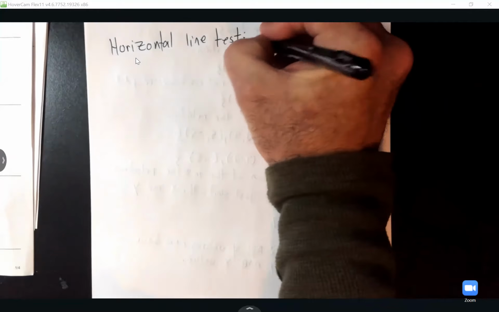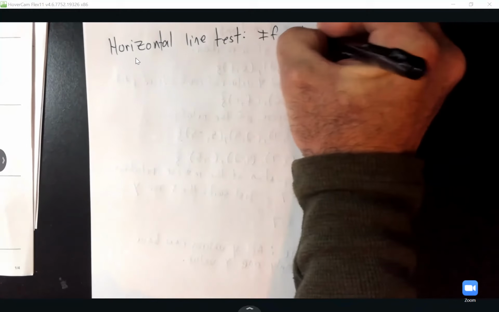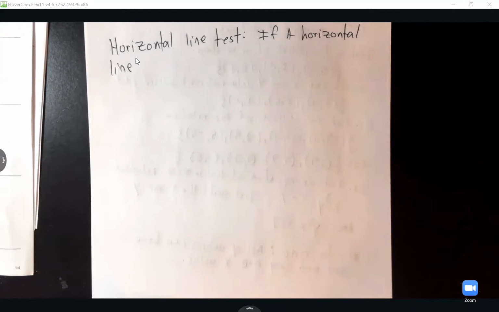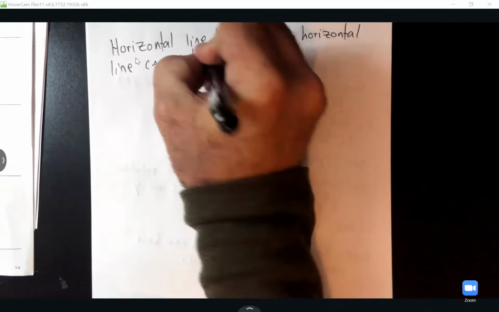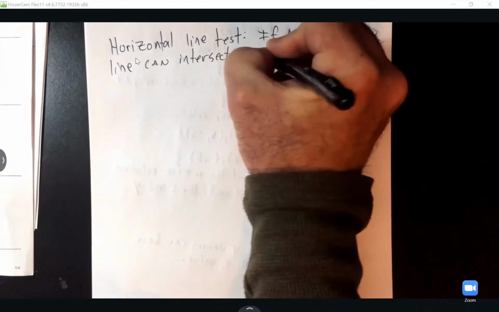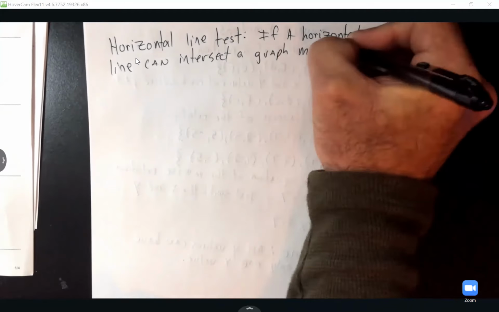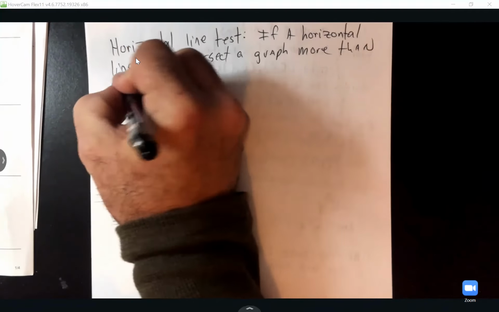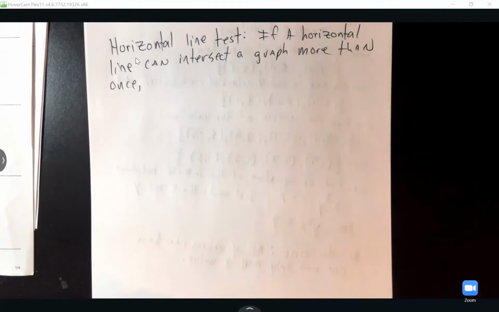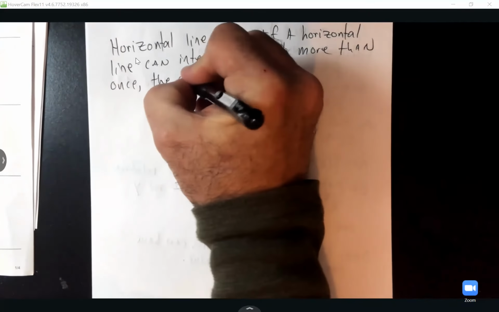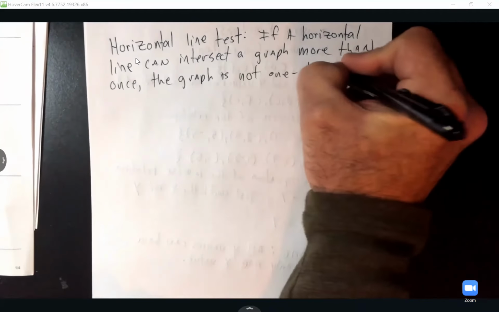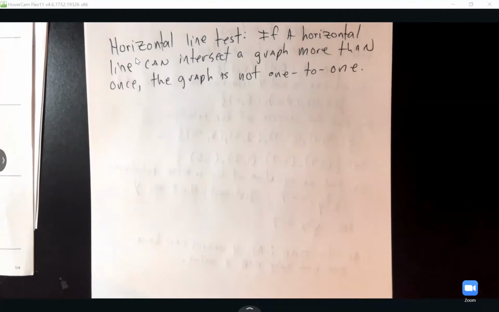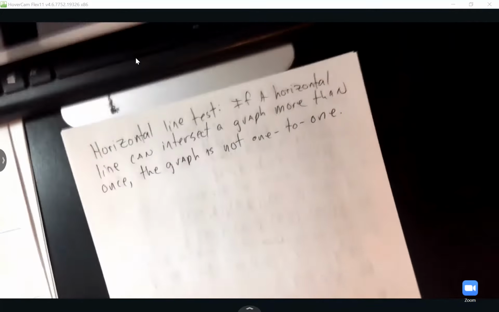So what this means, if a horizontal line can intersect a graph more than once, the graph is not one-to-one.